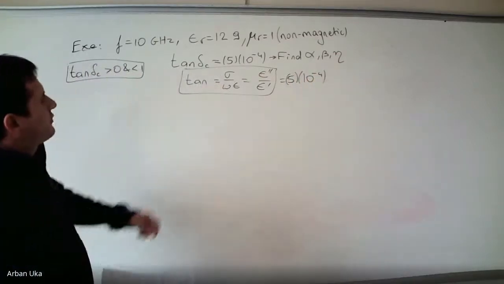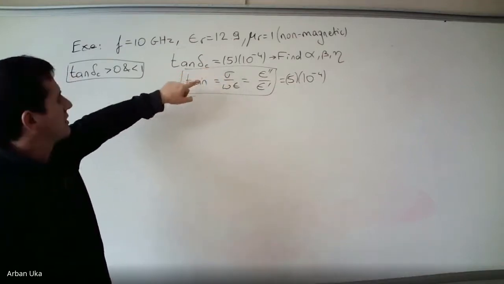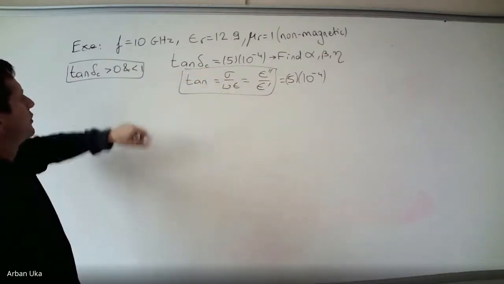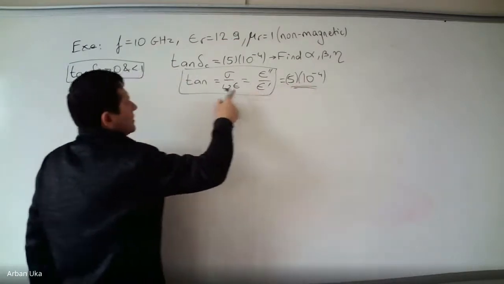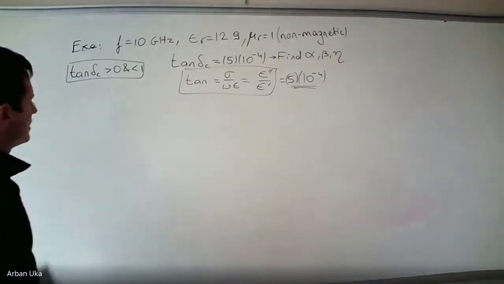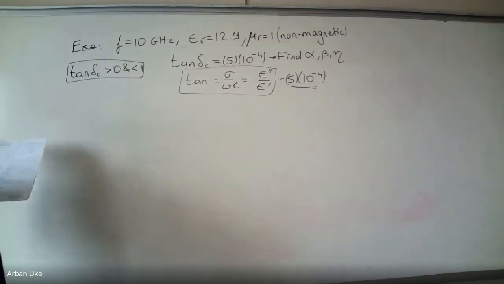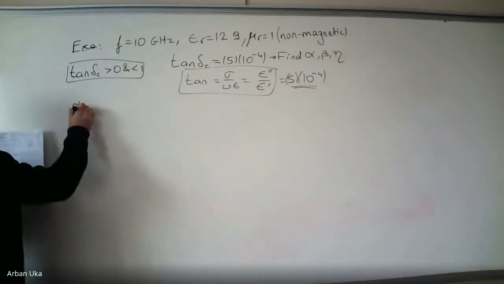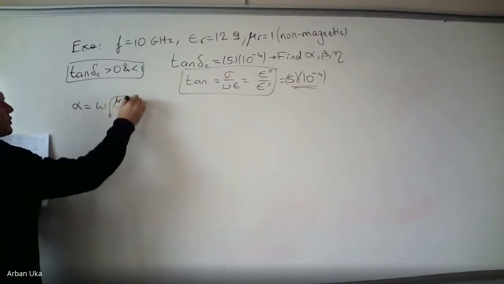So if you want to find the conductivity, because it is not given initially, it's simply easy, because you can multiply this factor with the frequency and permittivity, and we can get the conductivity. So now in this case, alpha is going to be omega mu permittivity divided by 2, square root.